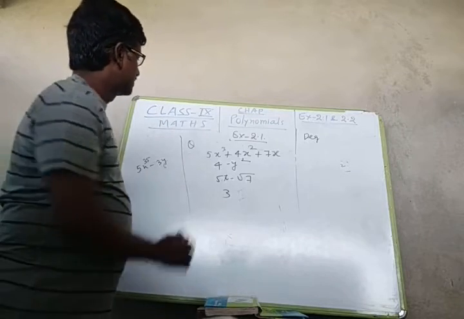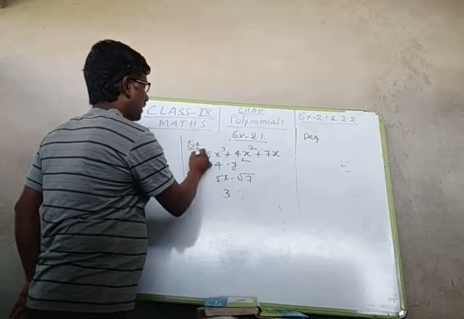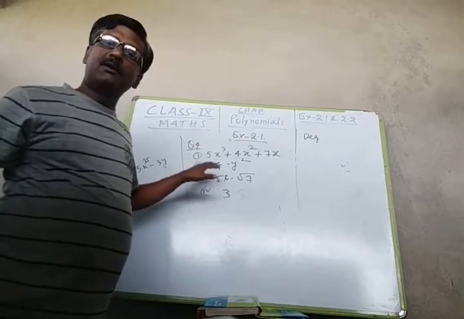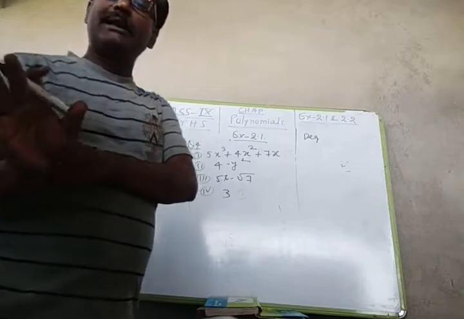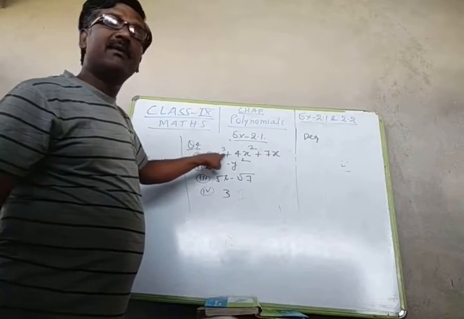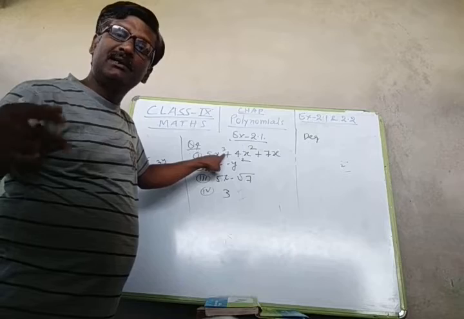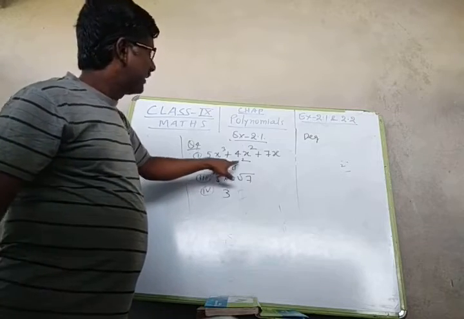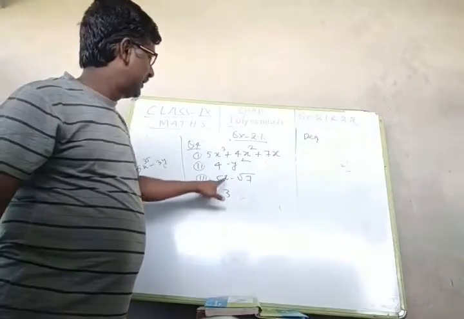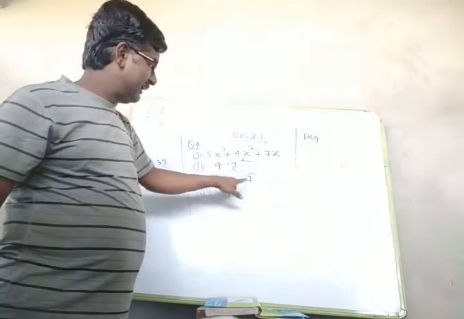There are 4 questions in question number 4, and in all these 4 questions, we have to write the degree. And degree is the maximum power. In the first, the maximum power is 3, so its degree will be 3. Okay. Next, the maximum power is 2, so its degree is 2. Here it is 1, so the degree is 1. And this is a constant term.